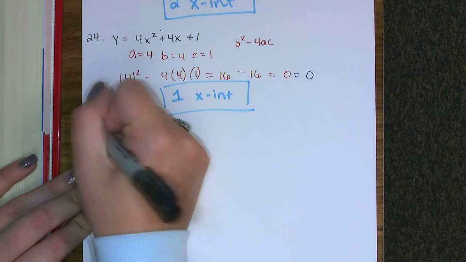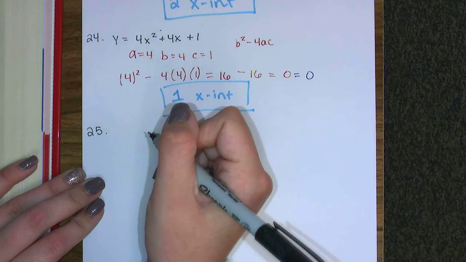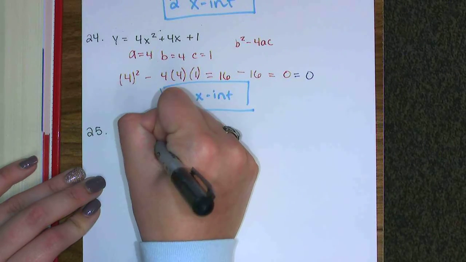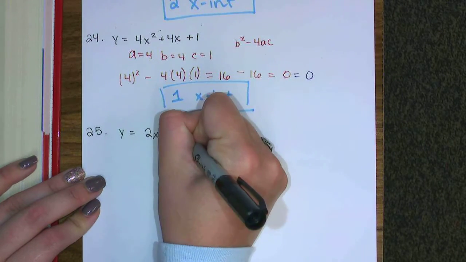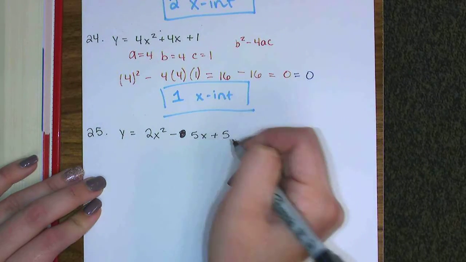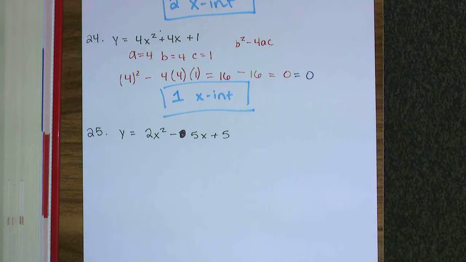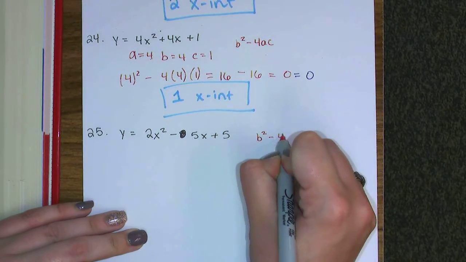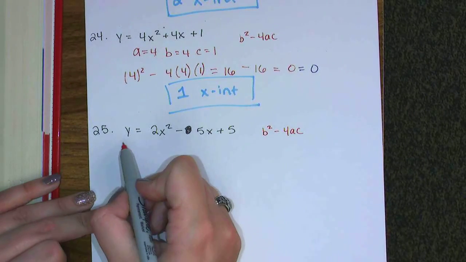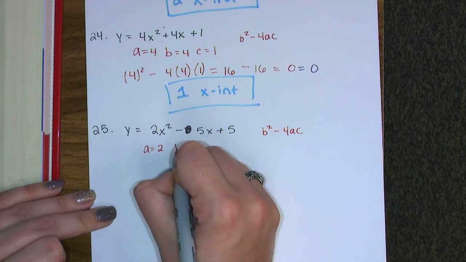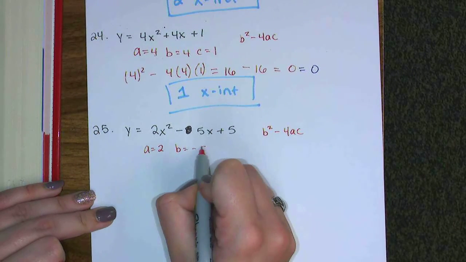I know it's odd, but I'm going to do number 25, just because it's got a negative in it, I guess. Just for fun. I do 2x squared, oops, this is supposed to be minus 5x plus 5. Again, I'm not going to rewrite it. Ultimately, we want b squared minus 4ac. So a is 2, b is negative 5, and c is positive 5.